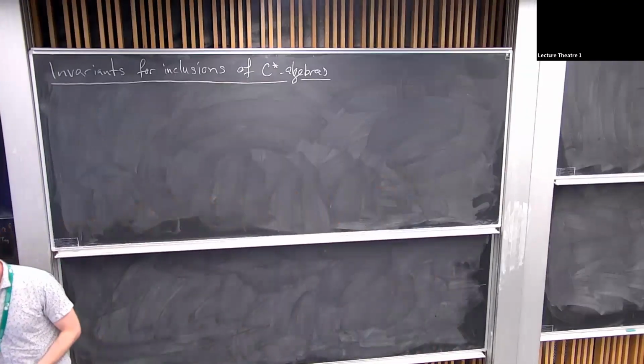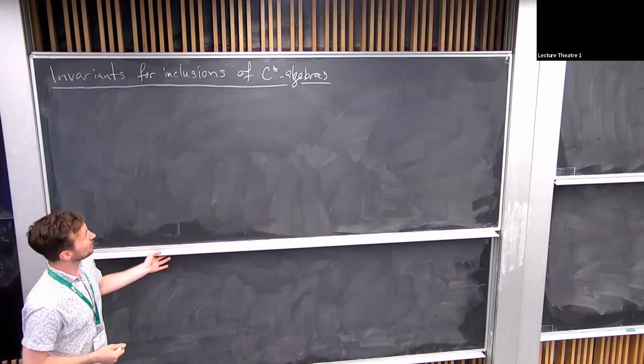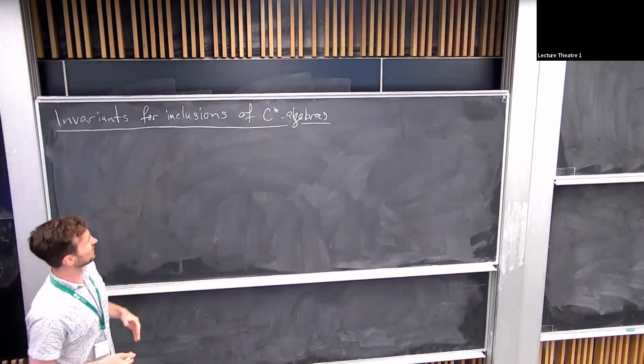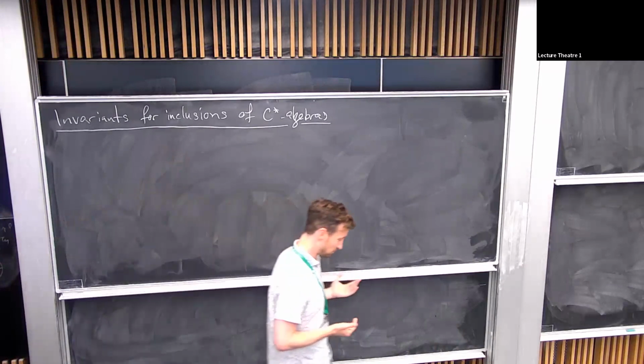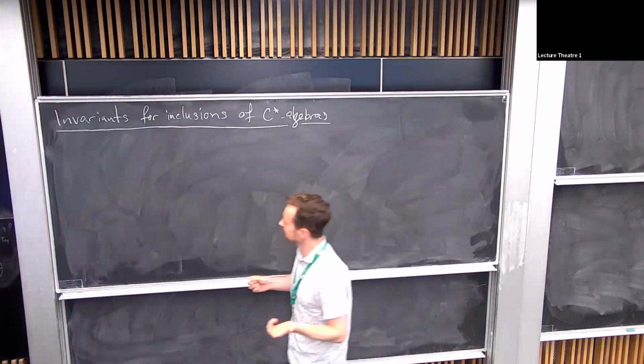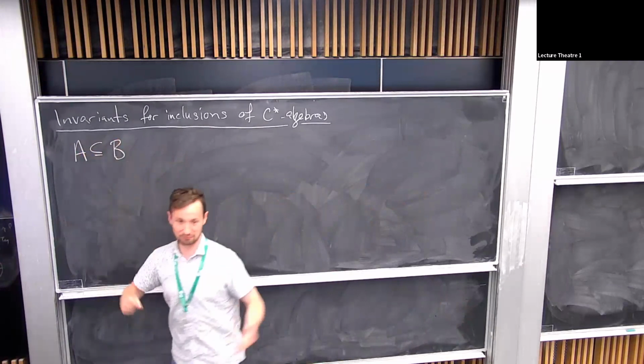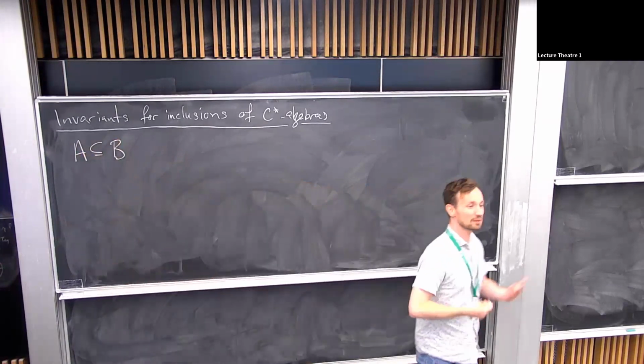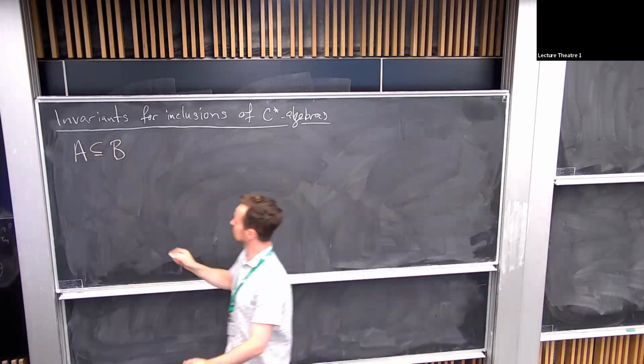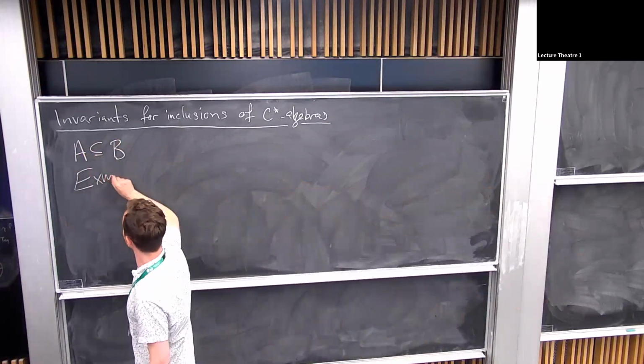So let me try to set up the stage with what kind of inclusions of C-star algebras I am thinking of. Really what I'm thinking of is just one C-star algebra sitting inside of a different C-star algebra. But what would be some good examples to keep in mind?